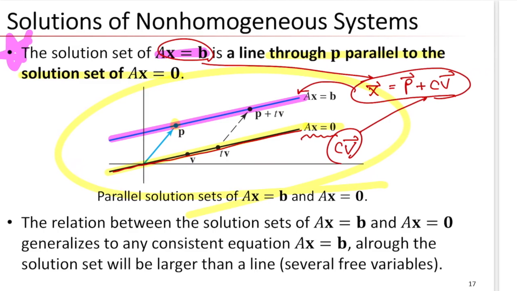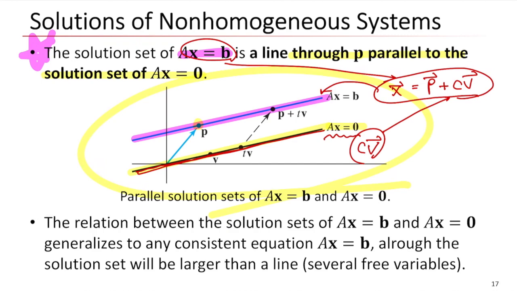Because this is the cv, the vector v scaled, when we add the arbitrary vector p to cv, it just shifts the original line L to this line. So this is the solution of Ax = b.